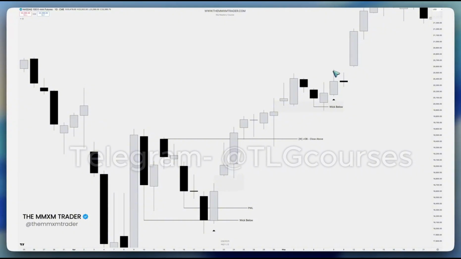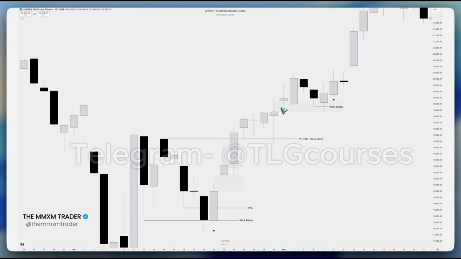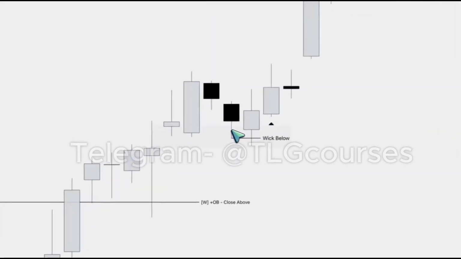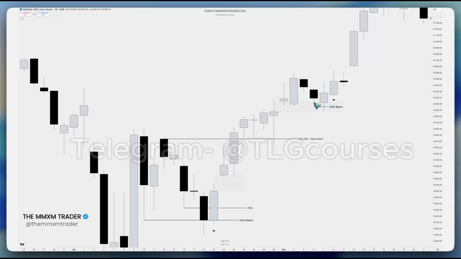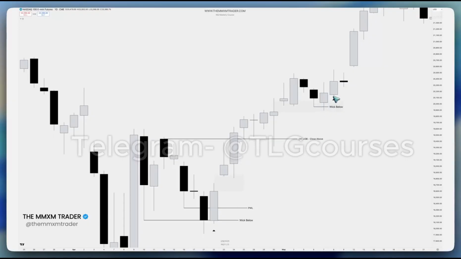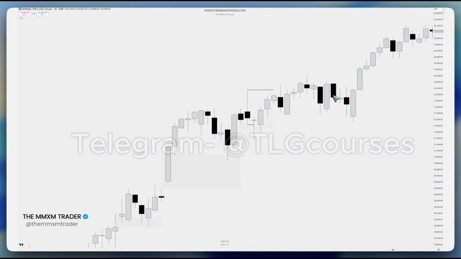So this is how it can save you, because if you had this mapped as a high time frame key level and you try longing it on this day, it doesn't work out, right? So if you want to build in a strong narrative and bias for the very next candle, you want to see that closure within to then tell you the direction of the next candle with a higher degree of probability.